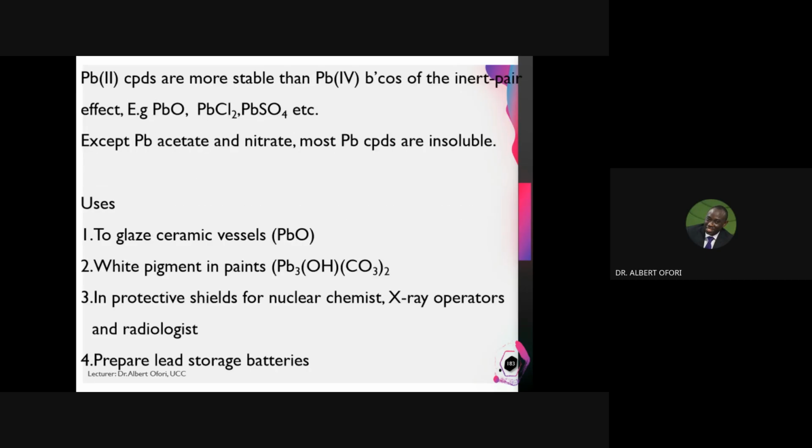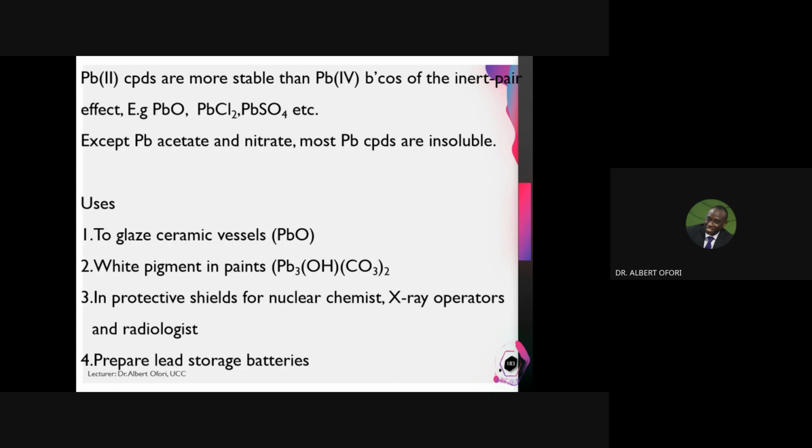But again, we'll see that the stable compounds we have for lead are the +2, which is the most stable, and then the +4. So we'll form more of the +2 compounds of lead than the +4. But the +4 compounds can also exist.